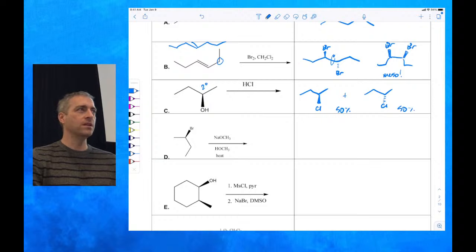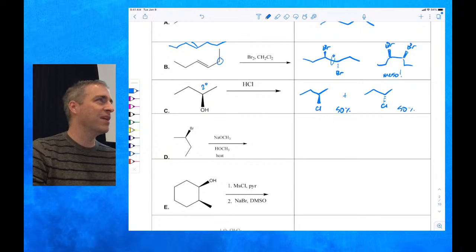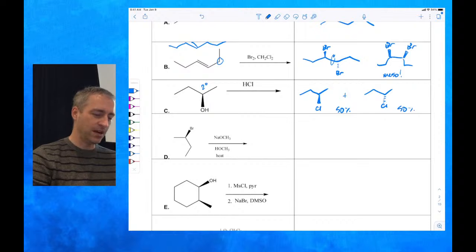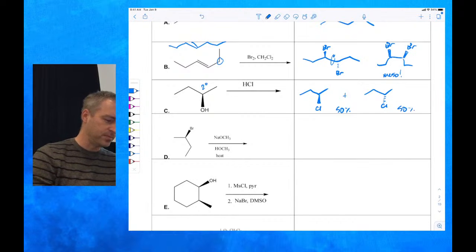And then you wouldn't get a carbocation, and then you wouldn't get loss of stereochemistry. So we can use some of the reactions we have in later units to get around that racemic mixture issue.